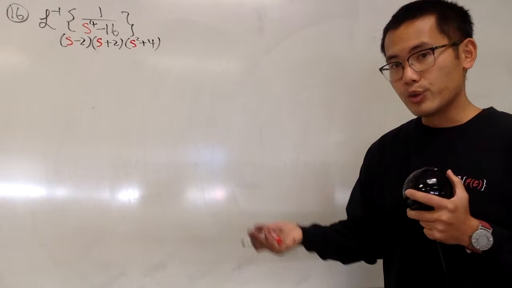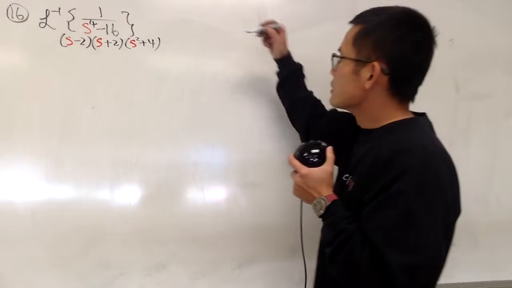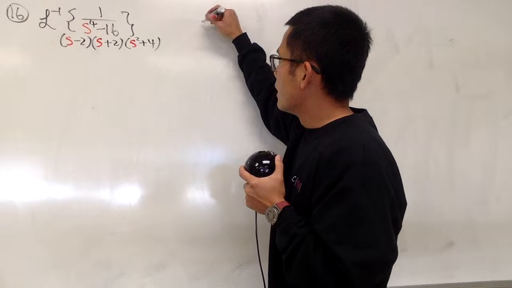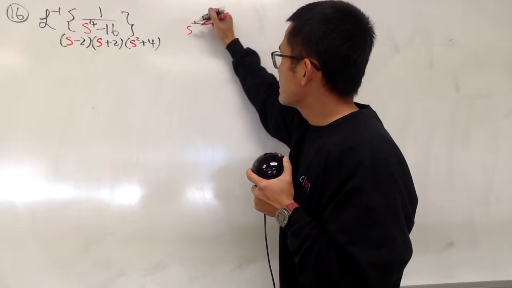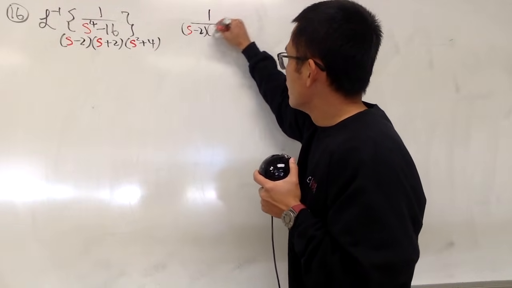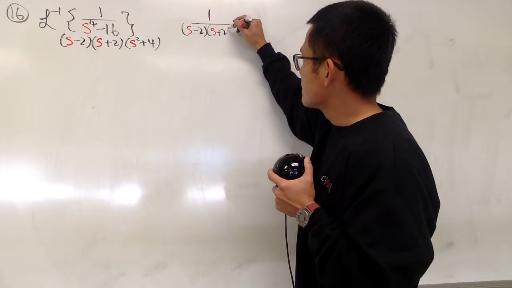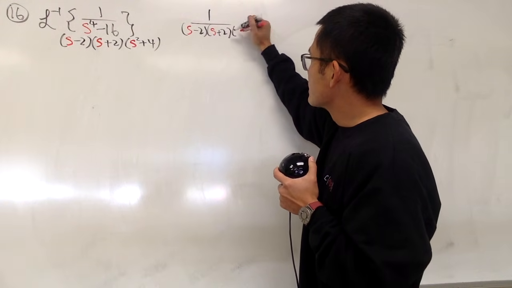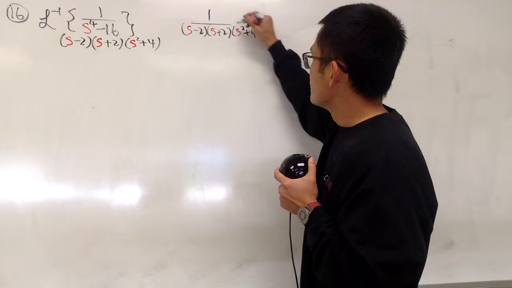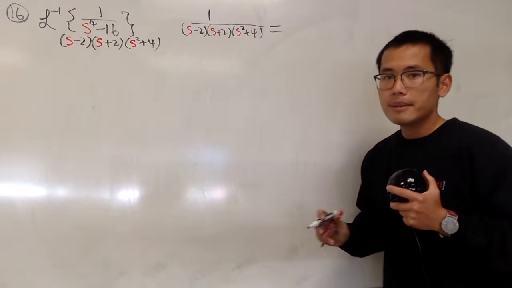For this one, I will show you guys partial fraction. So here we have 1 over s minus 2, s plus 2, and then s squared plus 4. Right? This is not so bad.